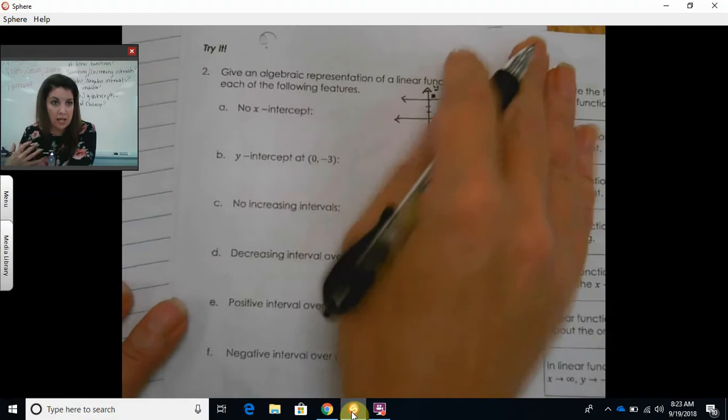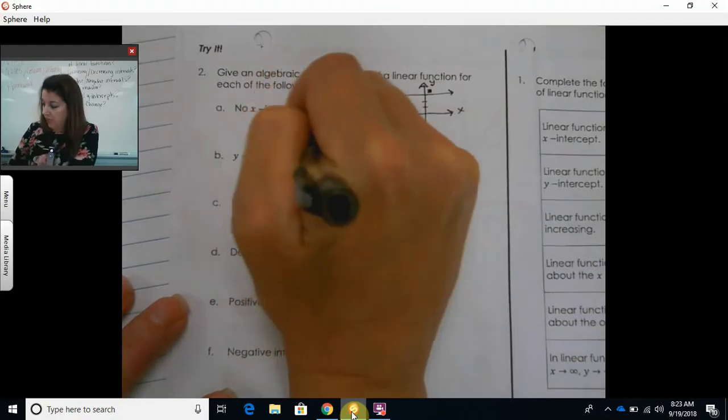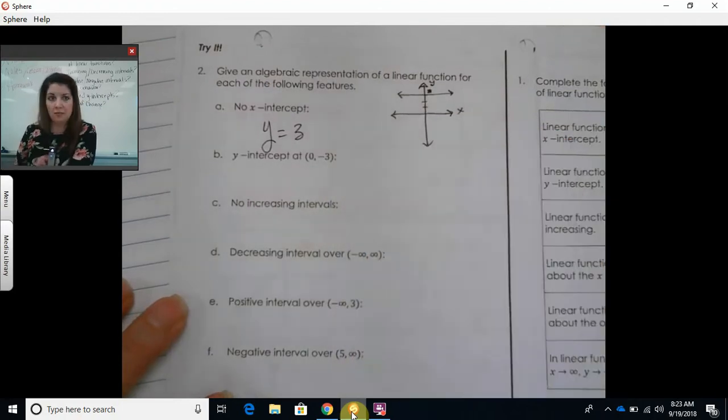Anybody know the line that I drew, what the equation of that line is? Remember, the slope of a horizontal line is 0. So what is the equation of that horizontal line? It's y equals 3. If I went through -3, horizontal line through -3 would be y equals -3.